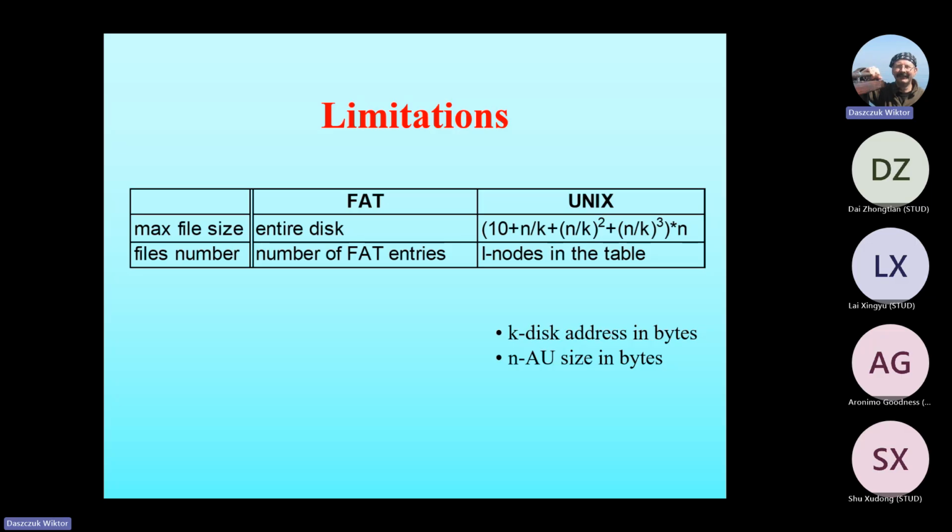Let us analyze. FAT has a fixed size on a disk. So the block on the disk depends on disk size. Having the same number of entries in FAT, when we have a 2 times larger disk, we have 2 times larger blocks.